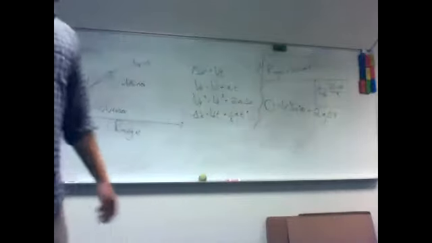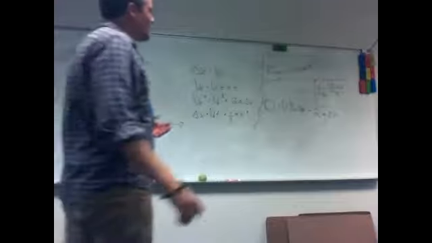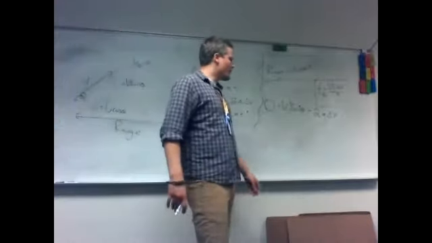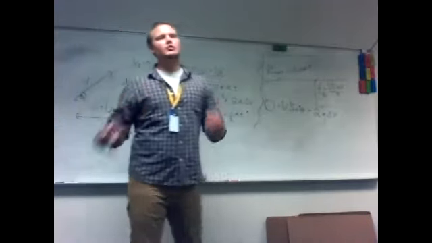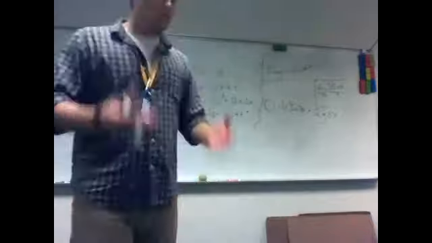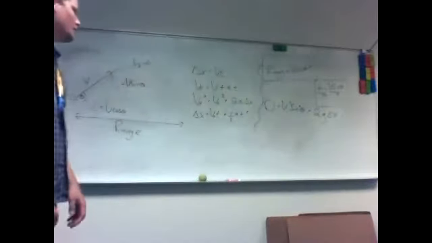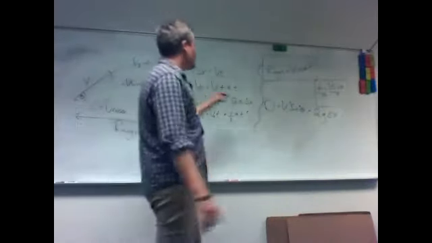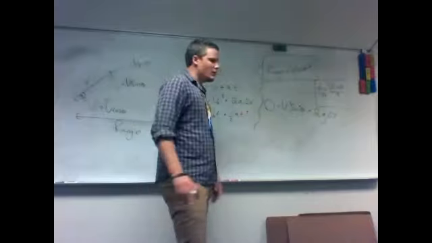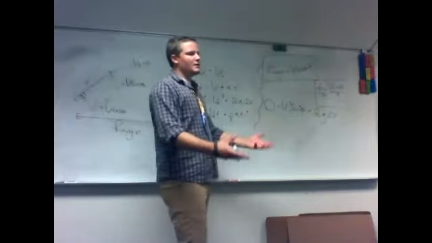Okay, and now I can solve for delta y, but instead of writing delta y, I'm going to write h. I'm going to write h to represent the total height, or the maximum height, I should say, because that's what we've defined when we said that the velocity in the y direction is 0. The velocity in the y direction is 0 at the maximum height.